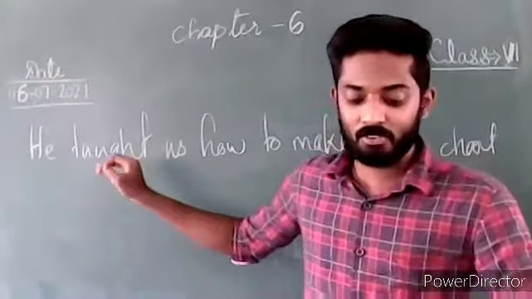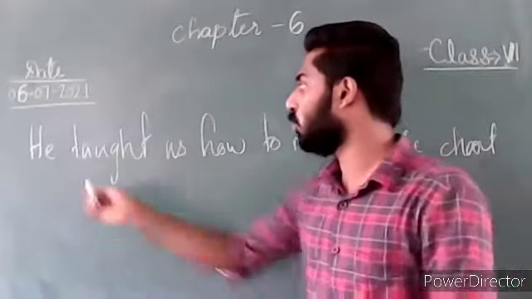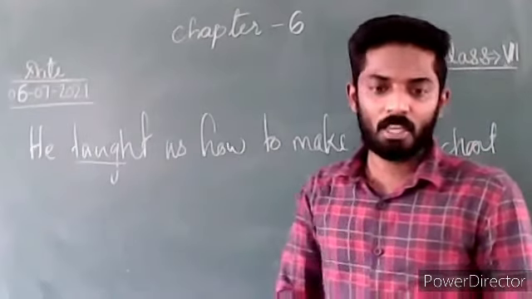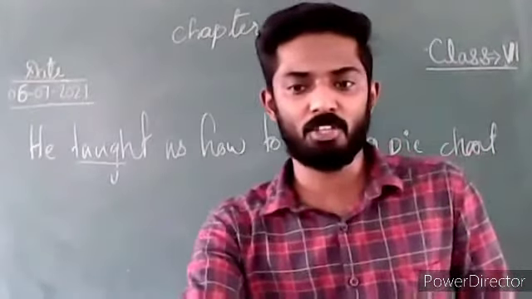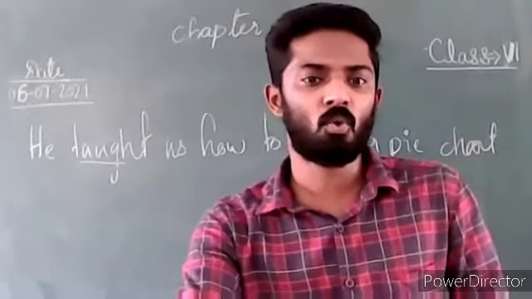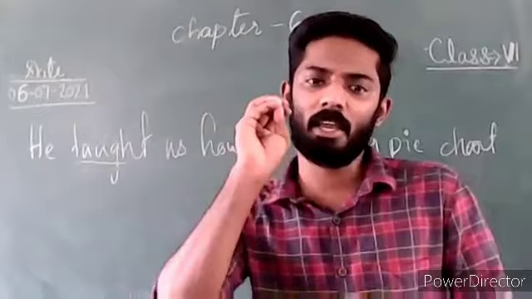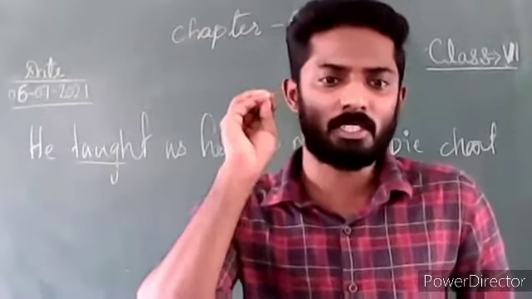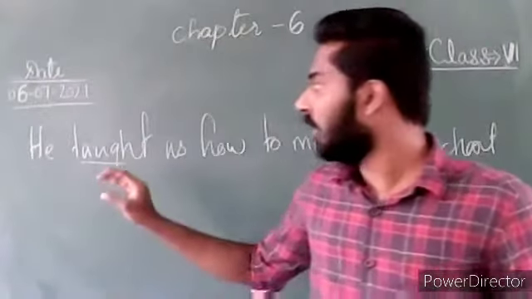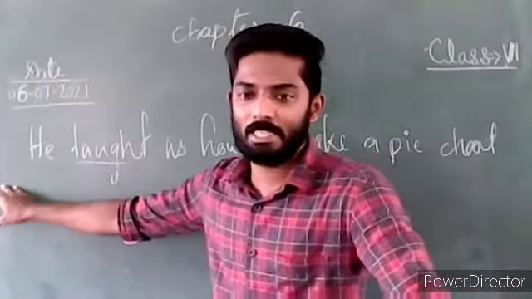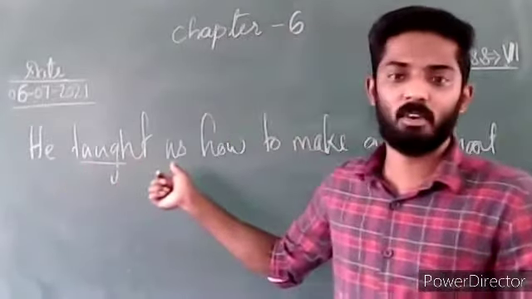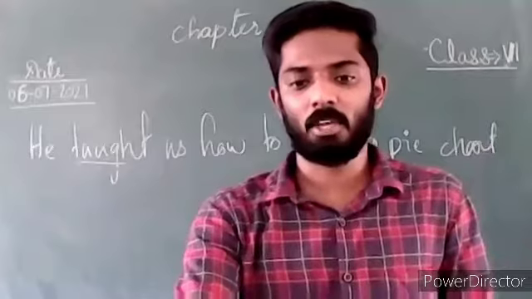So we can say this is the finite verb in the sentence, because as per our definition, the verb agrees with the subject in number and person. Since there is a singular subject, we have used a singular form of the verb in the sentence.